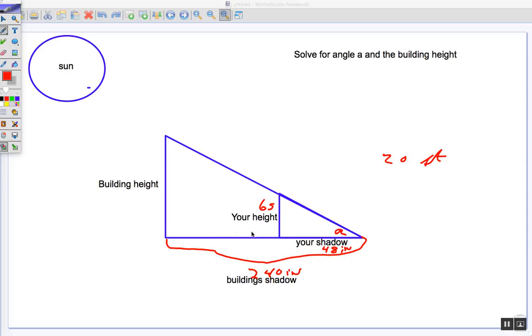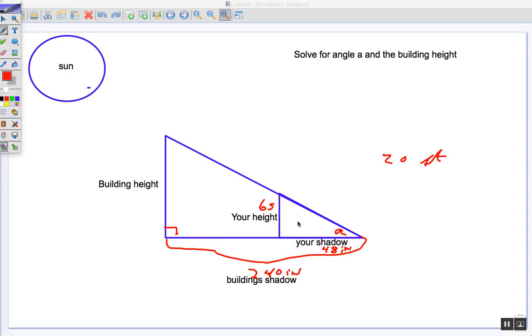So these are similar triangles, which means that their sides are in proportion to one another. We could use that knowledge to help us solve for the height of the building. Actually, we really don't even need that, we can just use basic right triangle trig.